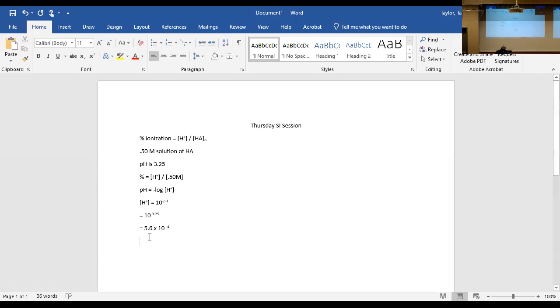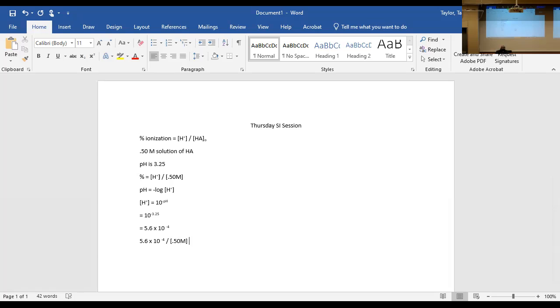This value right here is equal to your hydrogen ion concentration, so you plug it into the formula. Your formula would then read 5.6 times 10 to the negative fourth divided by your molarity, which is 0.50 molar.